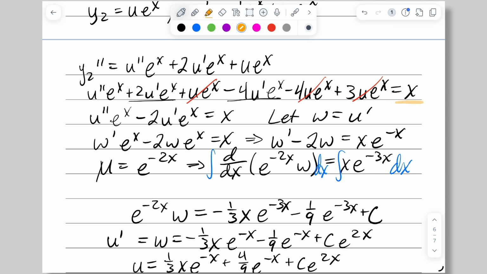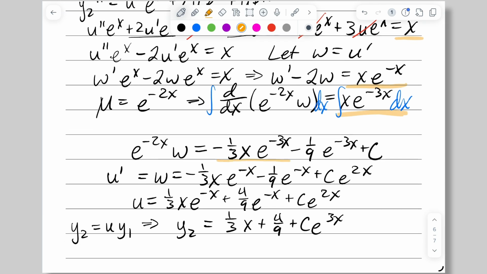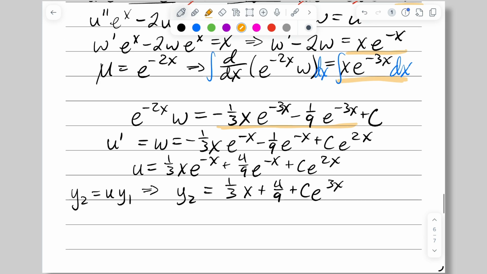So let's trace this x here, and then x e to the negative x here, and then that integration by parts. And neglecting the constant of integration, that gave us these gnarly terms with the x e to the negative 3x. Tracing that through again, and then more integration by parts, yada, yada, yada, you can see I'm singling out all the terms that don't have that c e to the x.